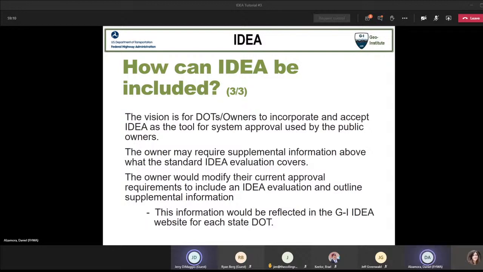Now, we recognize that owners will require some supplemental information in addition to the IDEA evaluation, and that the owner would modify their current approval requirements to include IDEA. And as Daniel will speak to in just a moment, possibly the current requirements for submittals at an individual agency level might be reduced and streamlined and made more uniform. So Daniel, let me turn that back over to you.